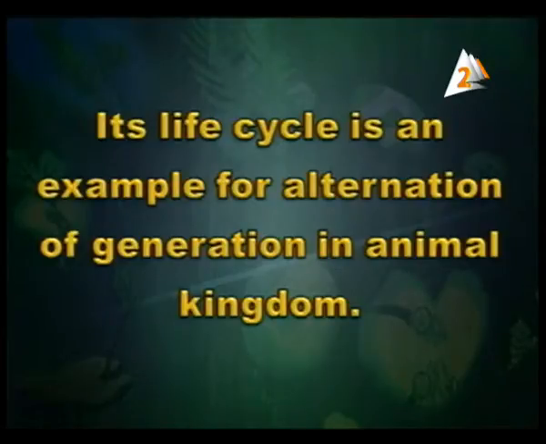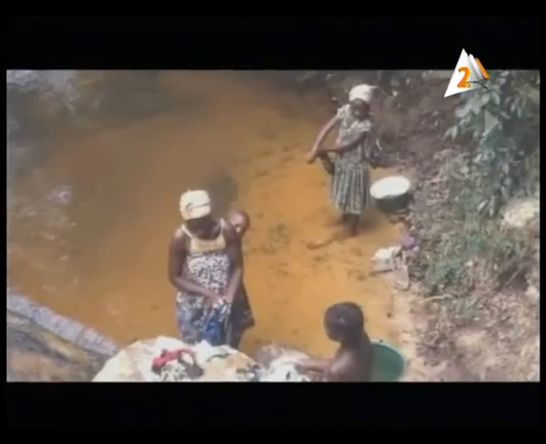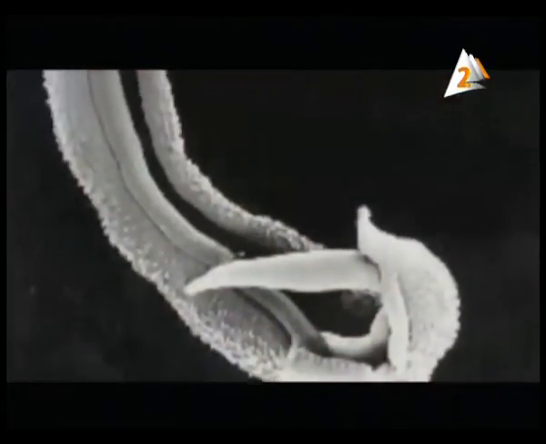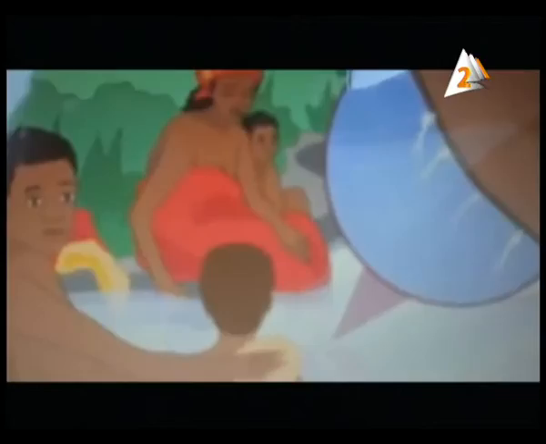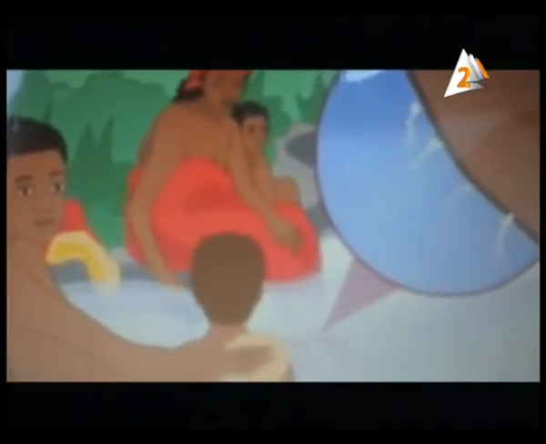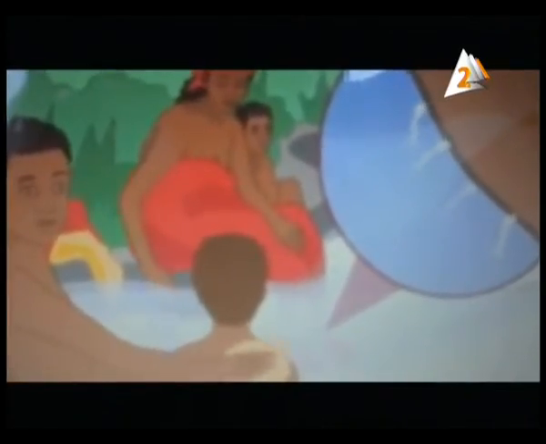The adult worm lives in man as its main host and reproduces sexually in his body. Then there is another type of host which is called the snail, which represents the intermediate host.